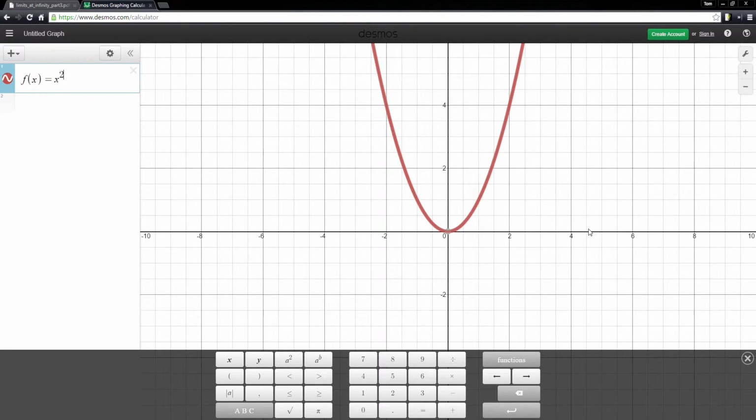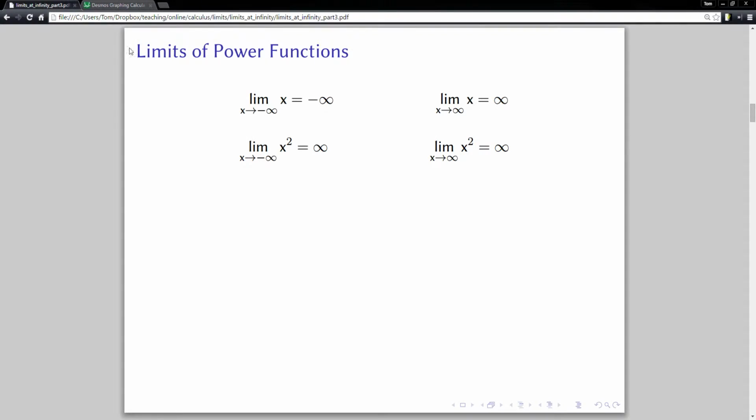So as I go far off to the right on this function, this graph just goes up here, and as I go far off to the left with this function, this graph also goes up. And so in terms of the limits at infinity, the limit as x goes to infinity of x squared would be positive infinity, and the limit as x goes to negative infinity of x squared is also positive infinity.